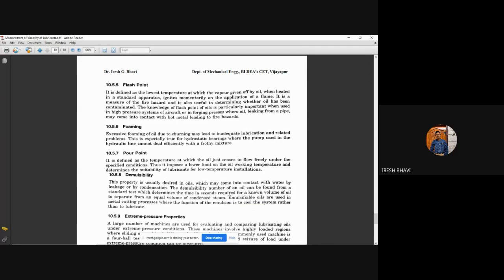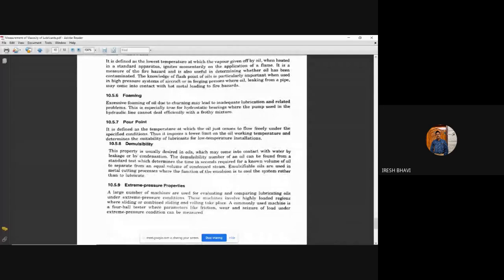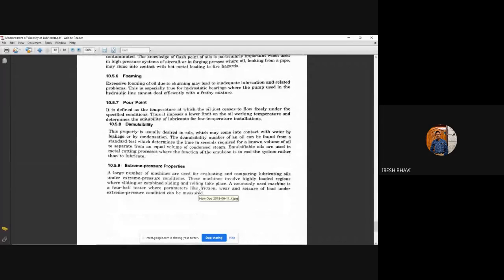When condensed steam is coming in contact with the lubricating oil, how the lubricating oil gets separated from that condensed steam or water is called the demulsibility of that lubricating oil. And the lubricating oil should get separated from water. Otherwise, if lubricating oil mixes with water, it will deteriorate the property of the lubricating oil and you will not get proper lubrication.